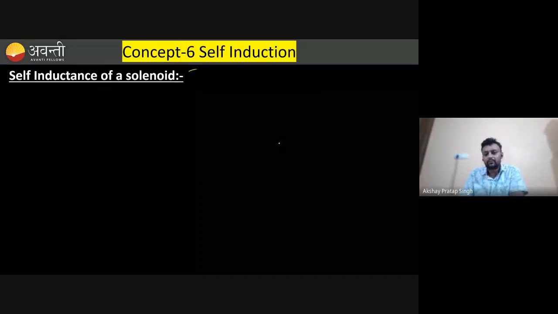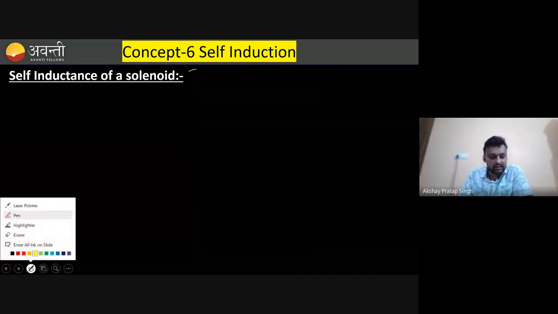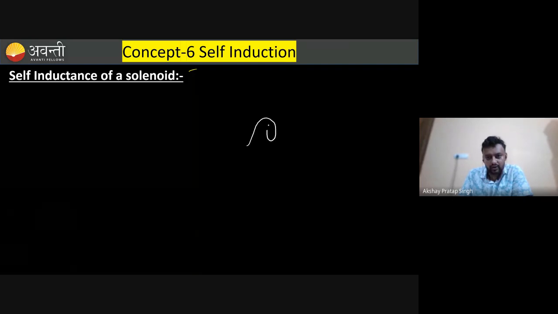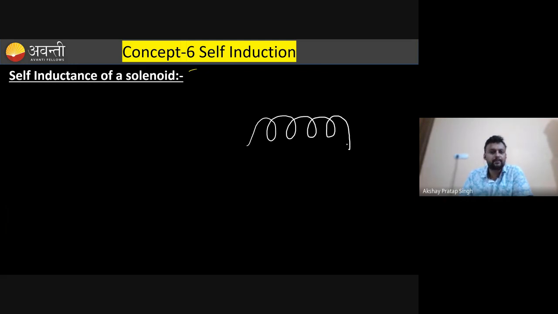Now look at that. Let's suppose there is a solenoid. This is a solenoid, like this.